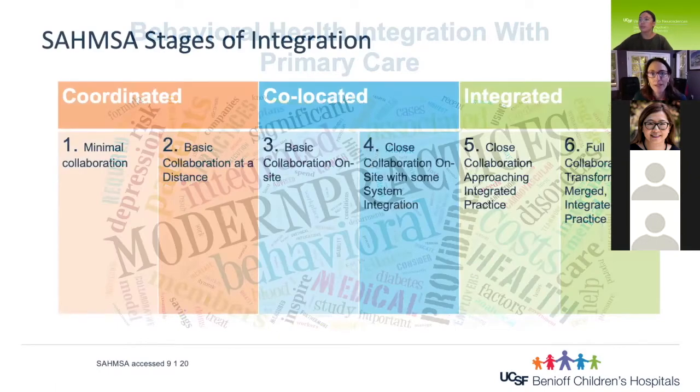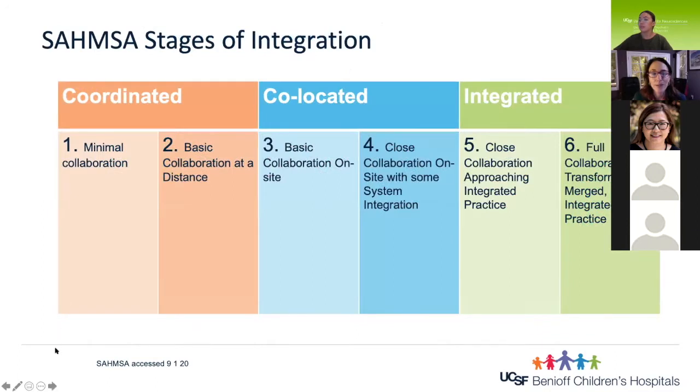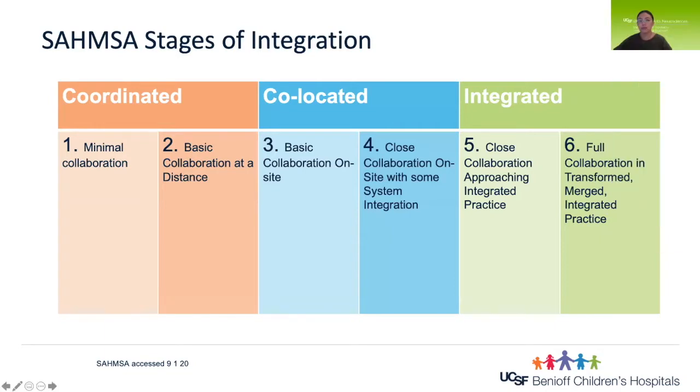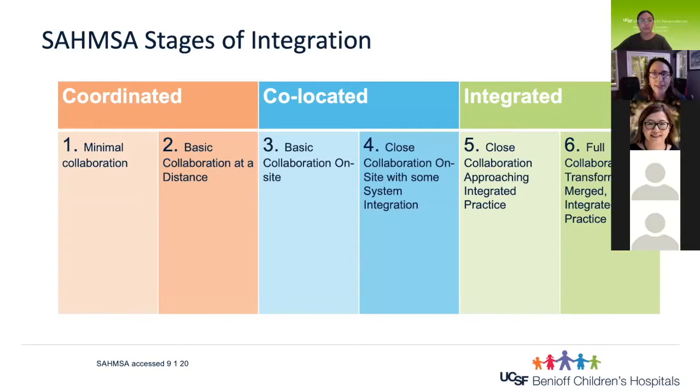So the Substance Abuse and Mental Health Services Administration, or SAMHSA, has come up with these kind of stages of integration with coordinated care, having a heavy emphasis on communication. This can include routine screening, having referral relationships, having routine information exchange to help bridge cultural differences, and sharing of brief algorithms and community resources.